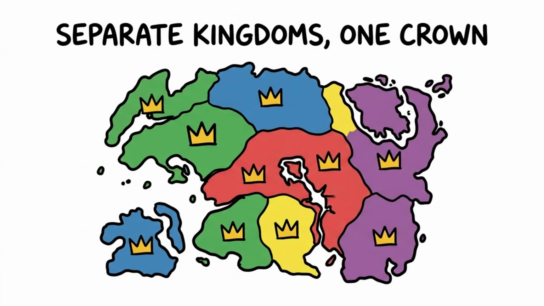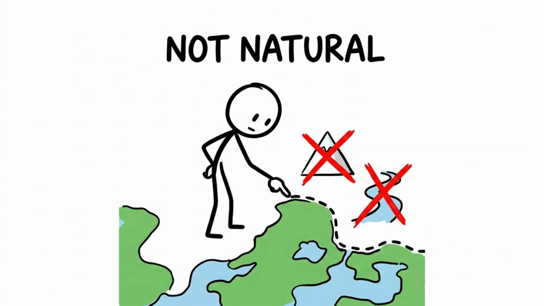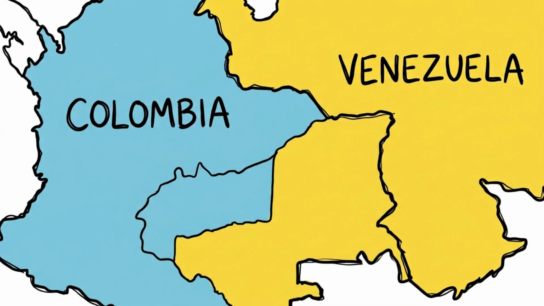Think about what this means for how you see maps today. You look at a border and assume it reflects something natural, some deep cultural or geographic truth about where one people ends and another begins. But the border between Colombia and Venezuela does not trace a mountain range or a river that separates two ancient civilizations.